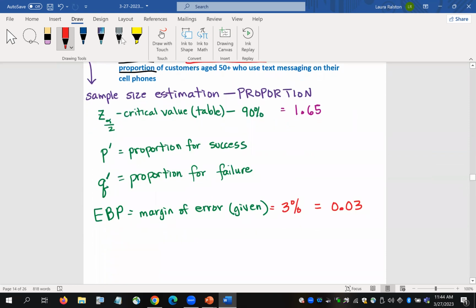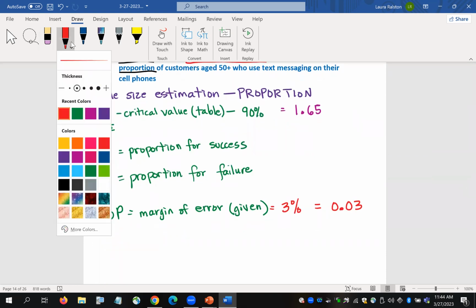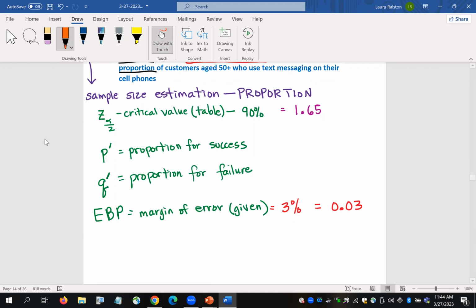Okay, so here's what we do. If you are not given the proportion for success, if not stated in the problem, the rule is we use 0.5.